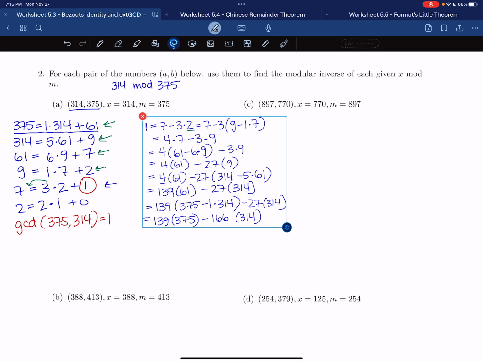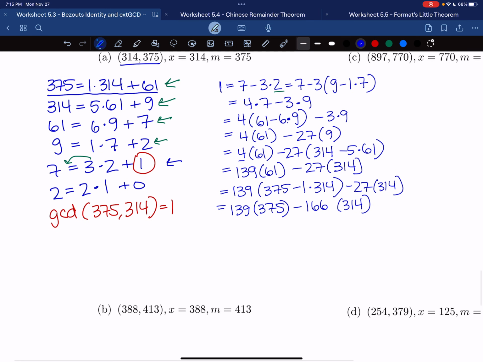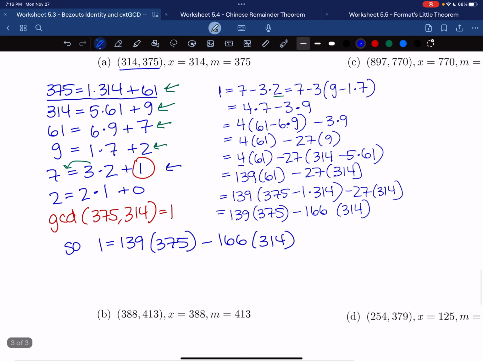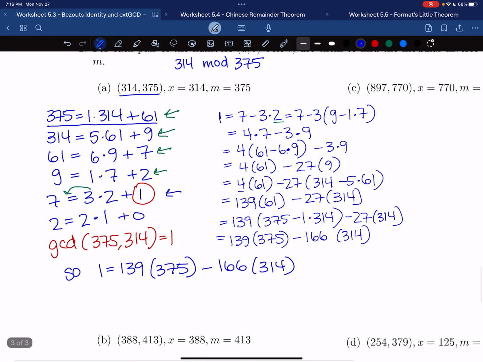Okay, so all of this says, we've got all this information, and what we see is, we know that 1 is equal to 139 times 375 plus, minus, importantly, minus 166 times 314. Okay, and so what we want to know is what is the modular inverse of 314 mod 375.